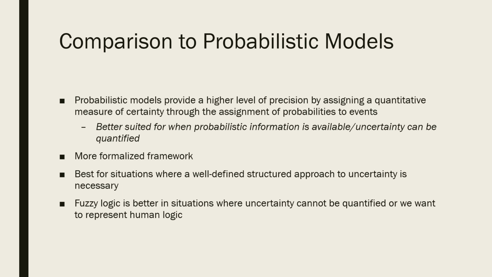They also have a much more formalized framework, and they are better for situations where a well-defined structured approach to uncertainty is necessary. On the contrary, fuzzy logic is better in situations where uncertainty cannot be quantified, or we want to represent human logic or human thought processes, or the nuances of human language, as we've covered.